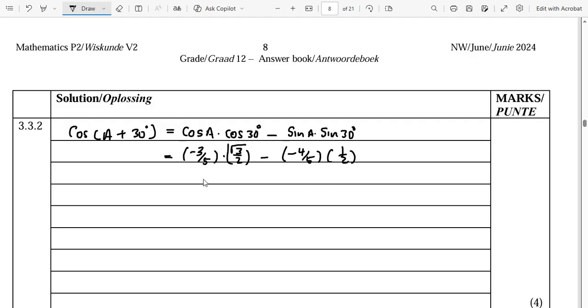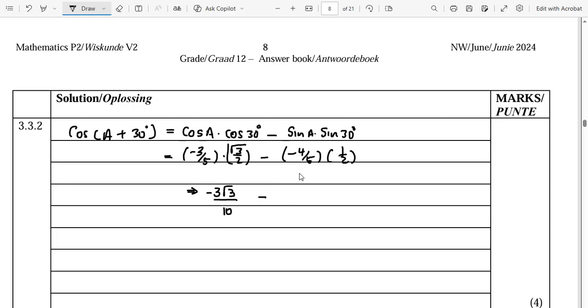Right, so now when I work this out, I'm just going to multiply the top part first. What do I get? It's minus 3 times root 3, which is minus 3 root 3 over 5 times 2, that's 10.